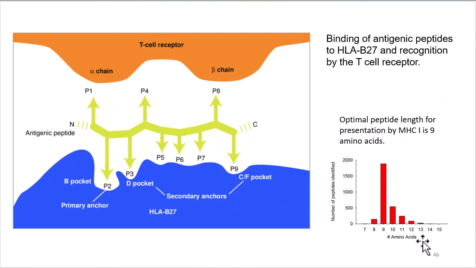And we see in this diagram, just to drive this home, they examined a number of antigenic peptides that bind to MHC1, and they found that most of them were 9. Some of them went all the way up to 13. Remember, that's really important because 13 is the minimum size that could bind a MHC class 2.